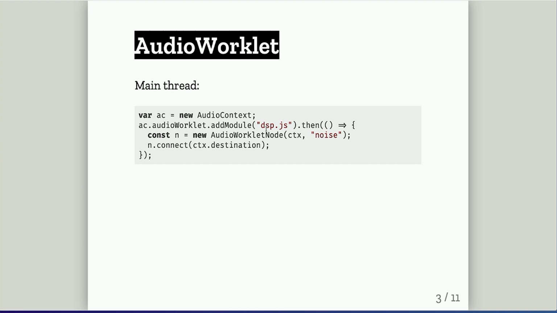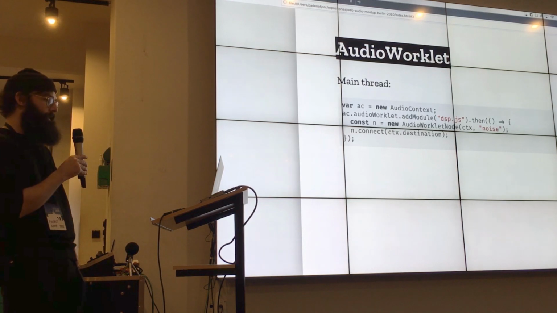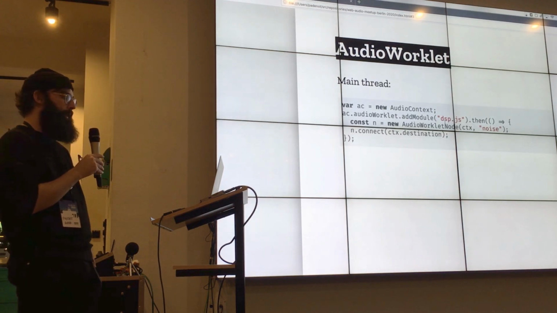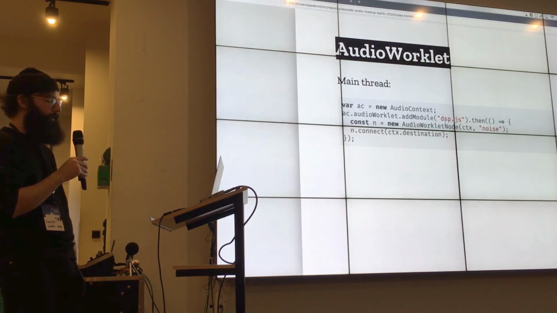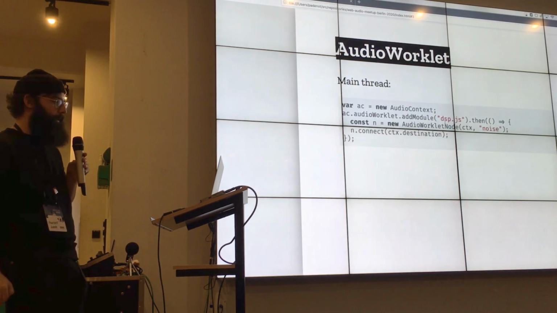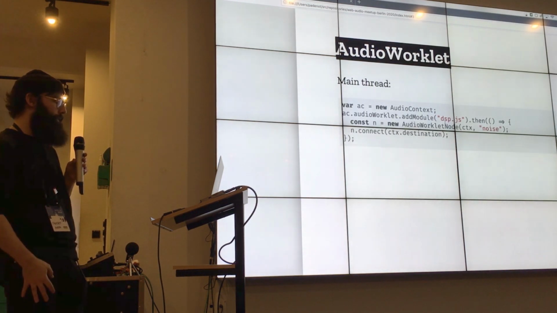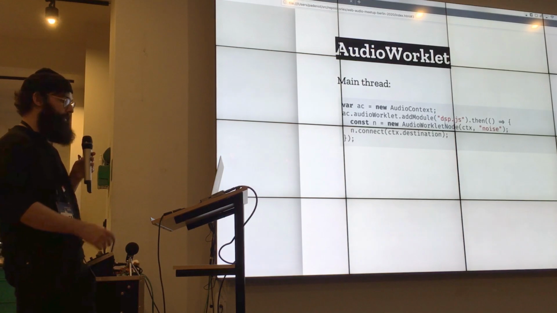Then it's a promise. So when the code has been downloaded and parsed and stored somewhere in the web browser, we know about it. At this time, we can execute a function and create an instance of the AudioWorklet node with a specific name.